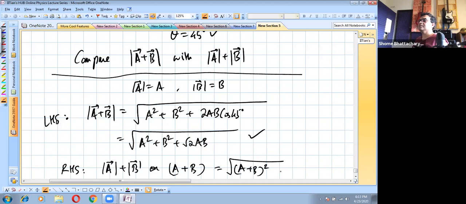When you expand this term, you can compare these two very easily. This will be A square plus B square plus 2AB, and this is A square plus B square plus root 2 AB. So I'm giving you enough hint to understand how to solve this. If there's still difficulty in solving later, I'll help you out, but I would like you to try it yourself using this. So this is about the 9th question.